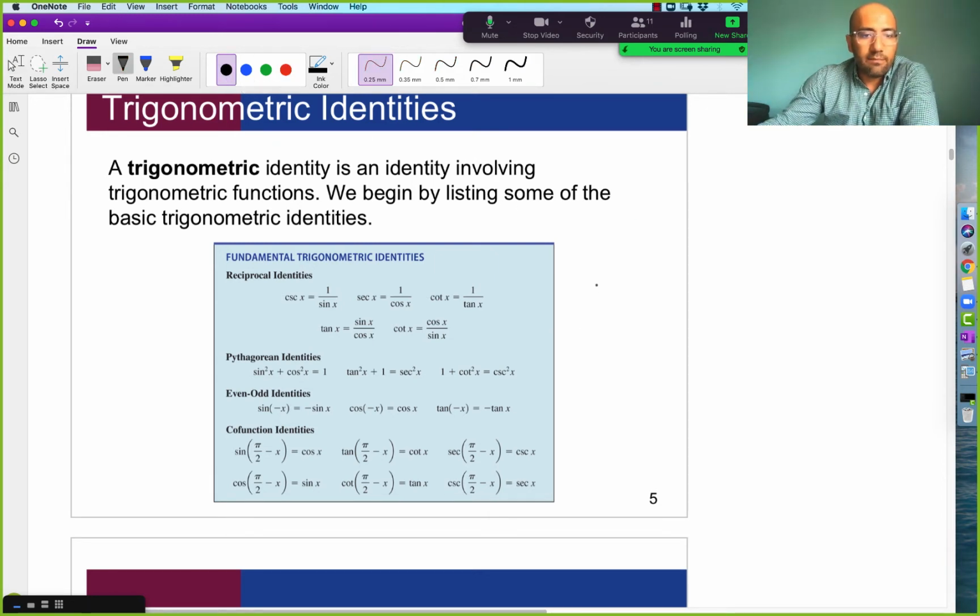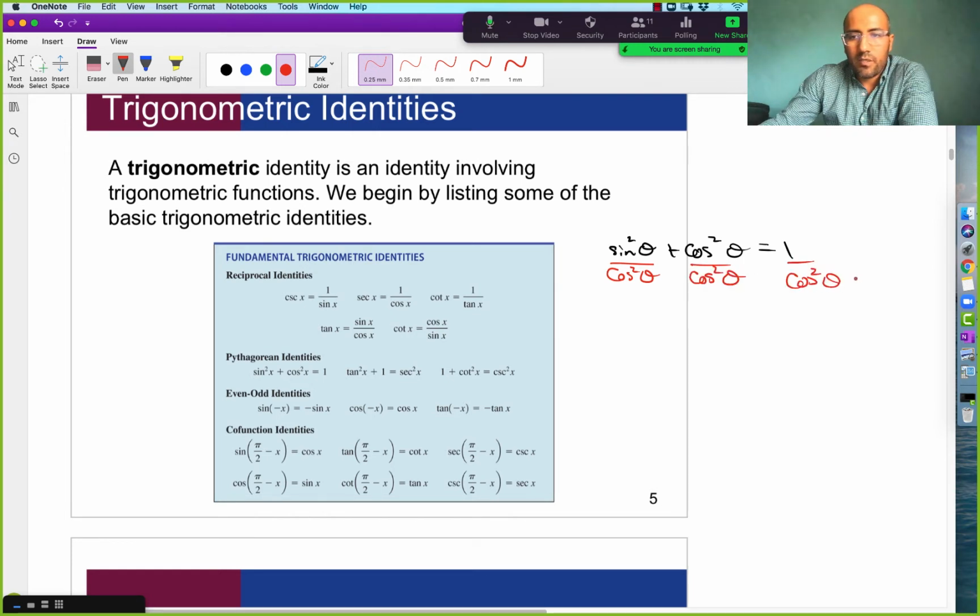So, for example, we could take sine squared theta plus cosine squared theta equals 1. And then I could choose to divide this side by cosine squared theta, 1 over cosine squared theta, and then that gives me a 1 there.